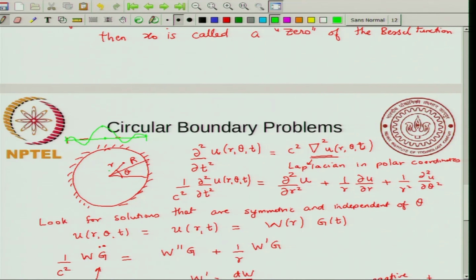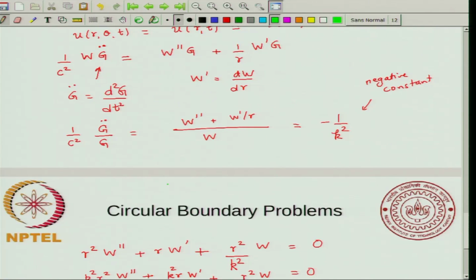So, you will have waves that have a large amplitude in the middle, then low amplitude, and then another part with a large amplitude. From the side view it will look something like this. So, the vibrations of any drum that you take will have these Bessel functions.